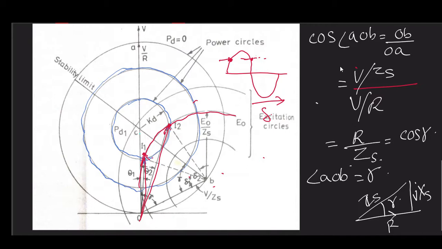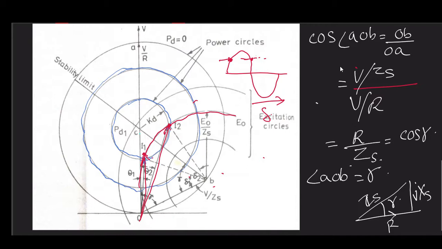In addition, one thing is very clear and we should not be confused about it: these two are giving us the stability limit. What is the stability limit, we will discuss, but in a nutshell, this angle is gamma.